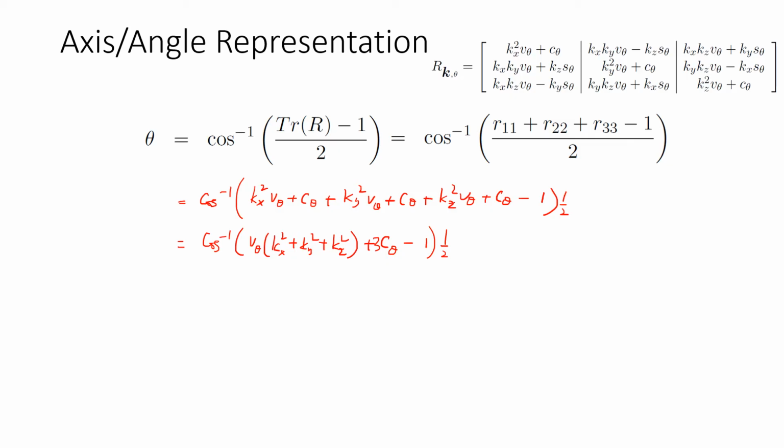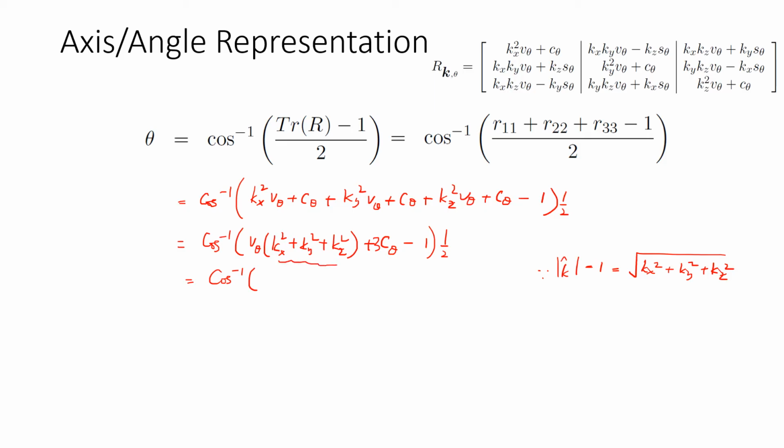Then you can further manipulate it. This is going to be cos inverse of, now since you know that the magnitude of k vector was equal to 1, and that was actually equal to kx squared plus ky squared plus kz squared, which you're using over here as well.